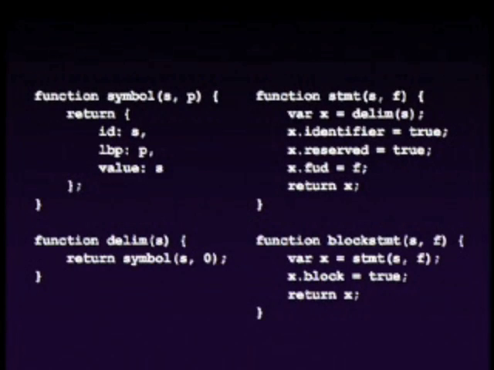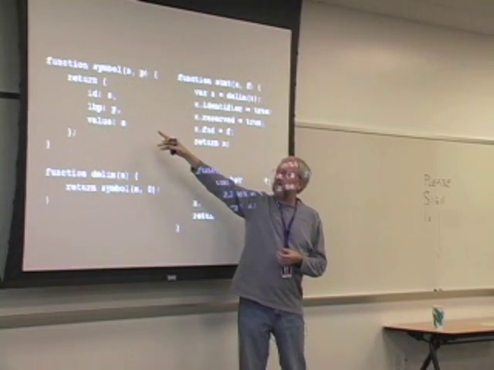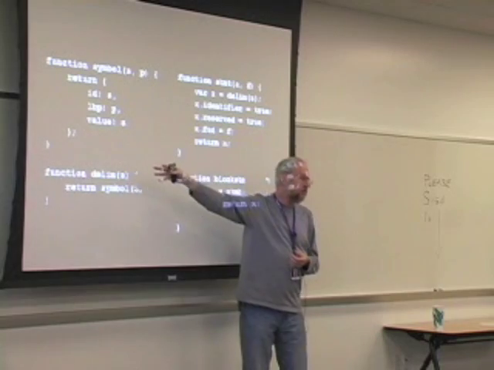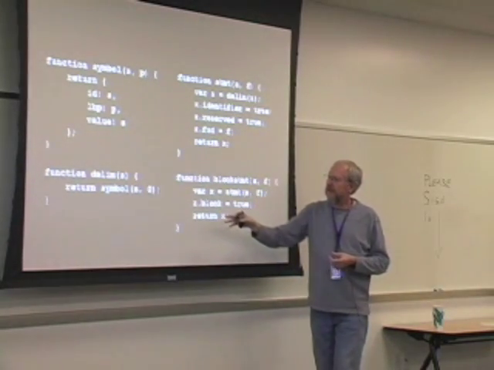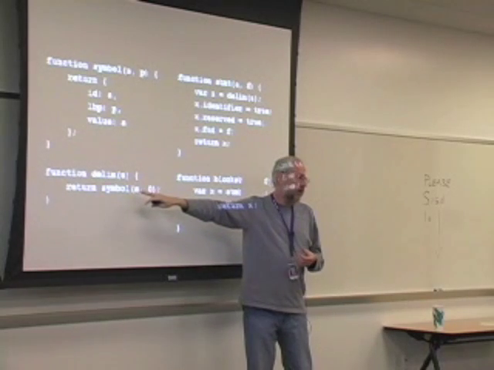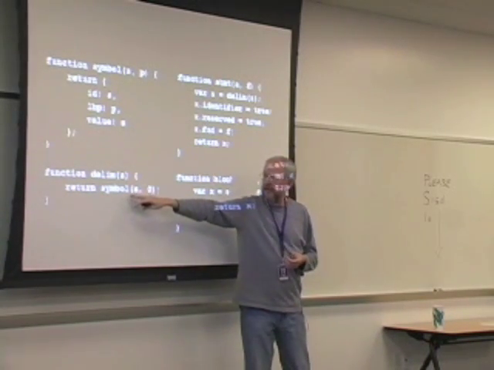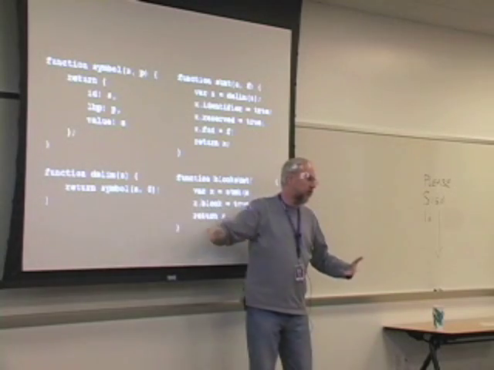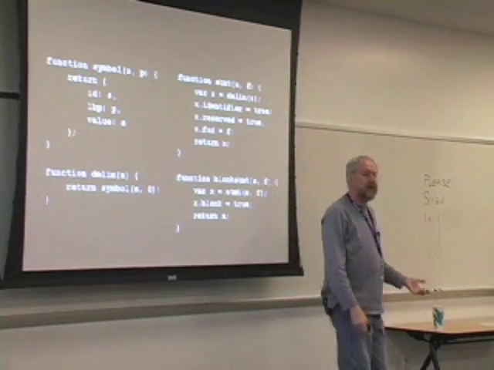This is a little bit of code from a compiler that I wrote in JavaScript, which compiles JavaScript. One of the things that you do in a compiler is create classes of symbols. Manipulating symbols is a lot of what a compiler does. So this is the constructor for a basic symbol. Basically it returns an object literal. And then I've got a delimiter, and what it does is call the symbol constructor and return it as though it had done it.